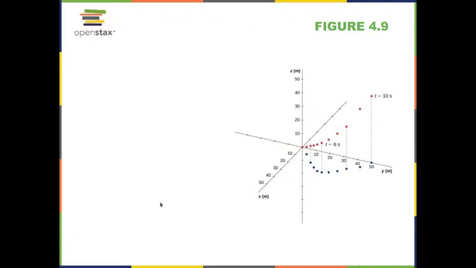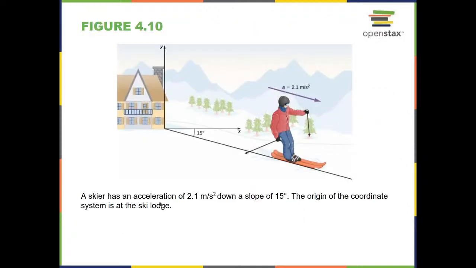So let's look at an example. Let's look at this example here, a skier skiing down a slope. This is a problem that I'm sure we will see again later in the term. So we have a skier skiing down a slope. The slope is at 15 degrees, and we're given that the skier has an acceleration of 2.1 meters per second squared.